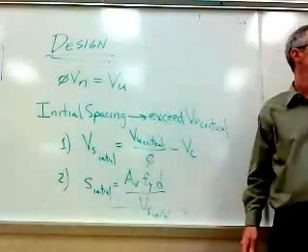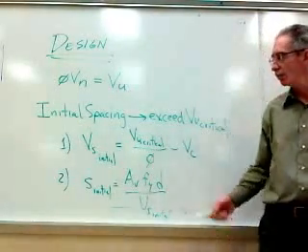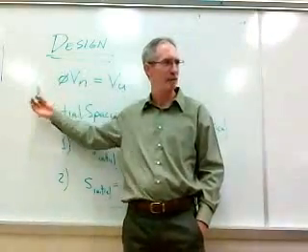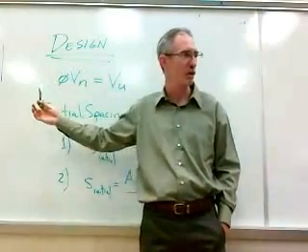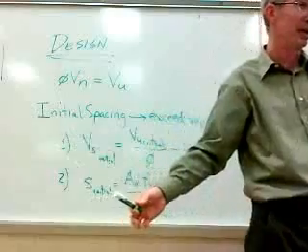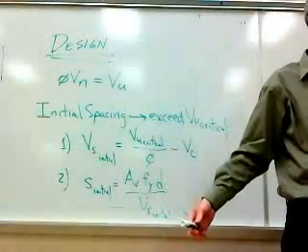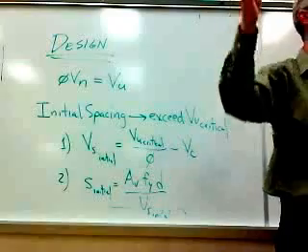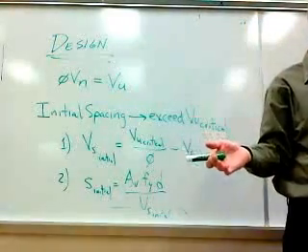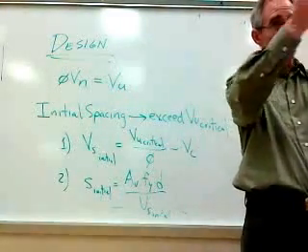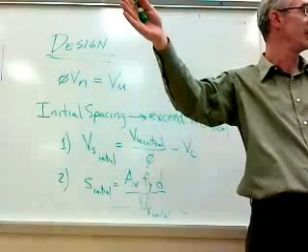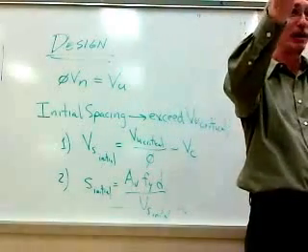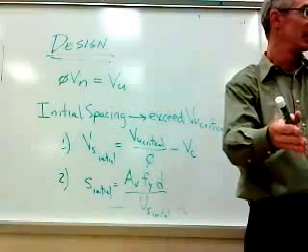Where does the stirrup start and stop? Well, the first one's going to be probably half a spacing out from the start. But one thing is, can we cut stirrups off? So how far out do I need to run my stirrup? Here are the questions you have to ask yourself. Are you going to keep this initial spacing the whole length of the beam? Or is there some place that you change spacings?